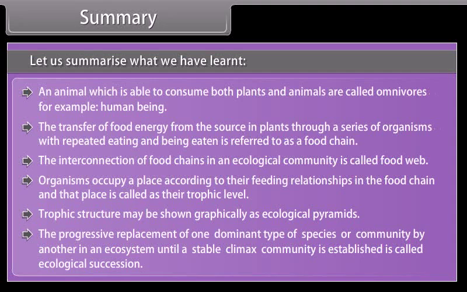The progressive replacement of one dominant type of species or community by another in an ecosystem until a stable climax community is established is called ecological succession.